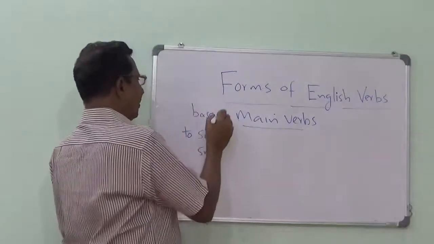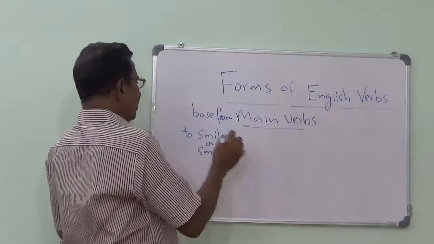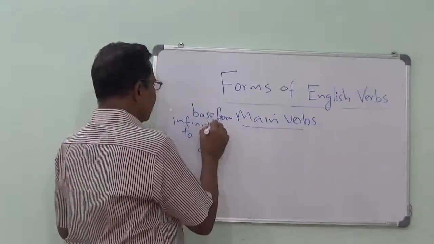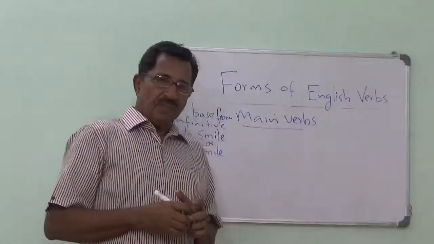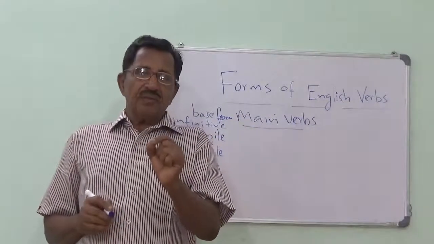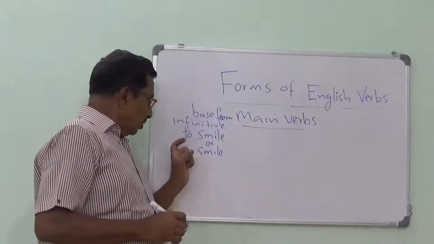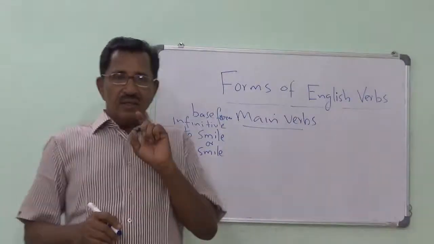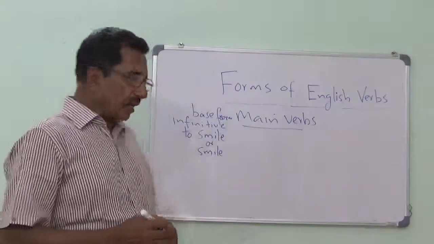Base form. This is also known as infinitive. Infinitive of a verb. That is the base form. You start with that. And infinitive can be written with to or without to. If you write infinitive without to, you can call it bare infinitive.